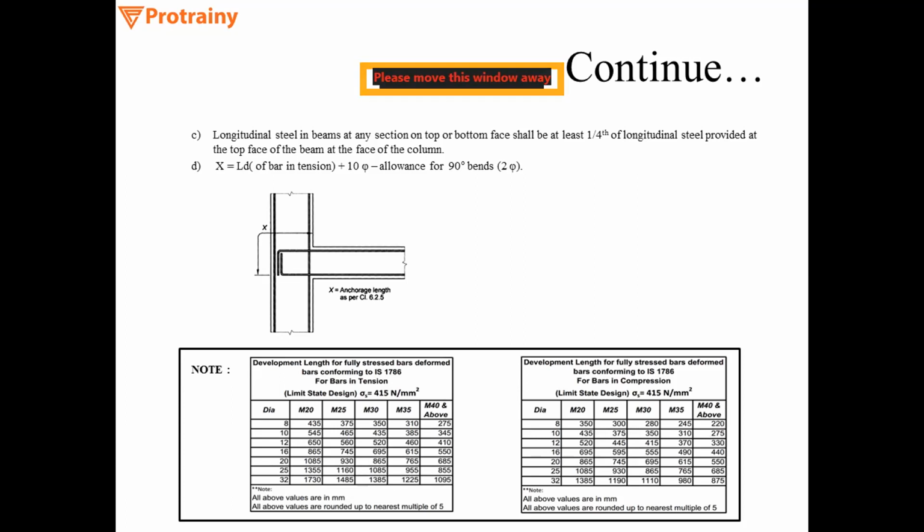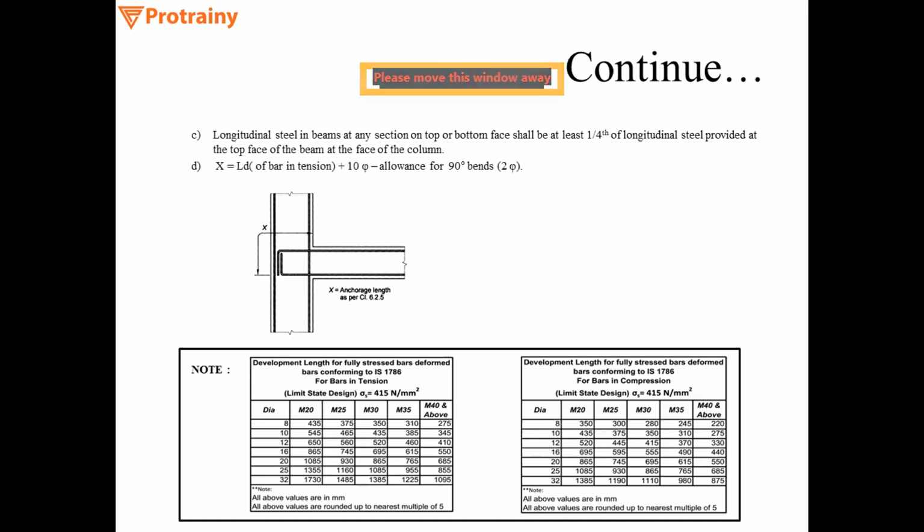the reinforcement bar which needs to be embedded into the column should have a length of the development length, which is Ld, plus 10 times the diameter of the bar, minus the allowance for the 90-degree bend, which is 2 times the diameter.